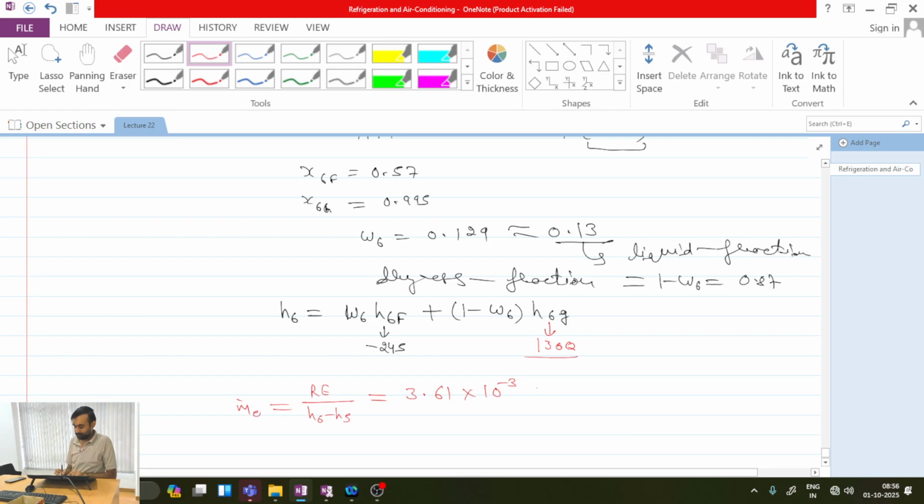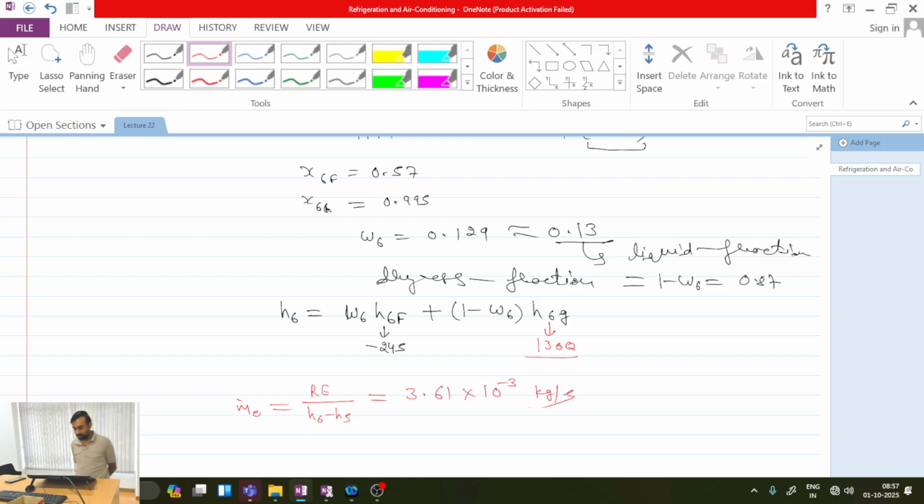0.0036. Is it correct? All of you have got this value? Now what is next? Next is the mass flow rate of strong and weak solution.